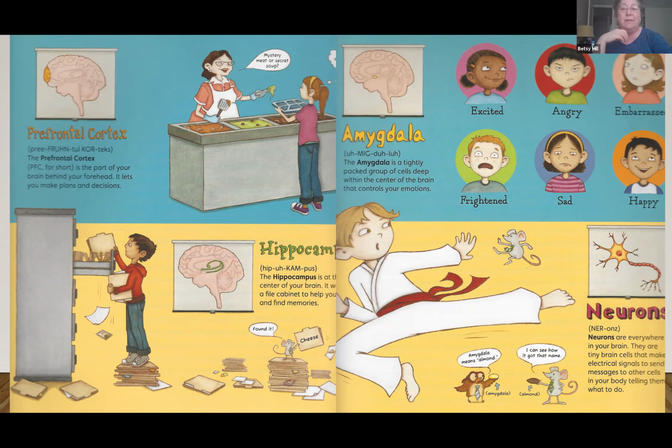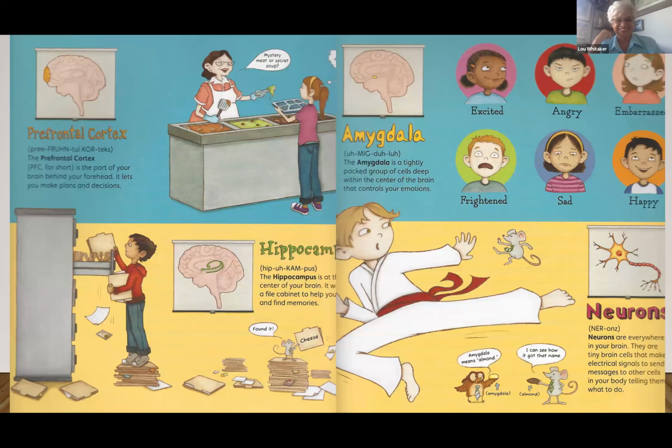The amygdala, which is where we experience emotions. I know one teacher who has taught the kids about the amygdala being responsible for emotions. And one day when one of the kids got upset, he was very anxious and upset at something that happened. He says, "Darn it, I'm in my amygdala right now."